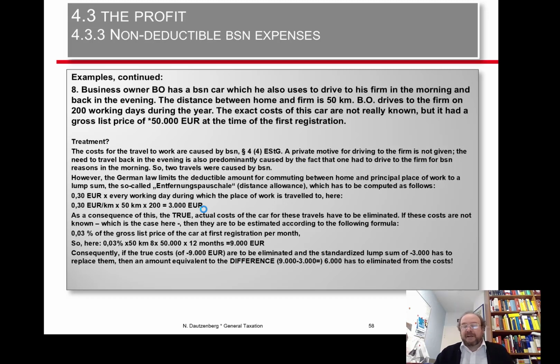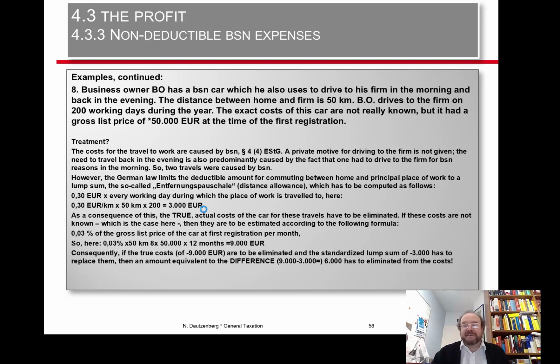Now, the real or actual costs are then blocked from deductibility, and if you cannot find them out properly, then you have to estimate them, and that is usually done by a formula in the law. You ask for the gross list price of the car at the first registration, so not the real purchase price, but the official price which the factory proposed to the traders to claim from customers. That's always too high.